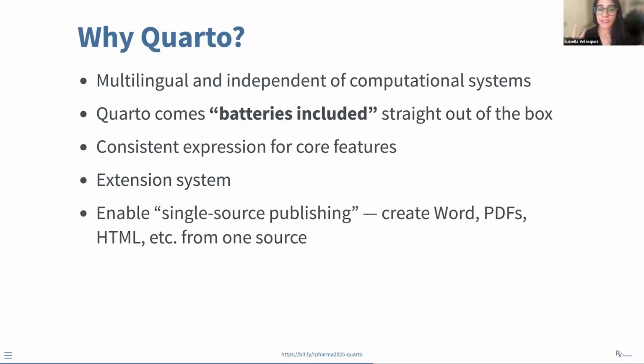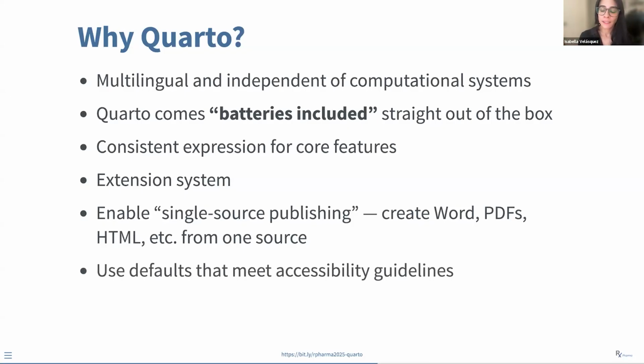I mentioned earlier the idea of single source publishing, so from one QMD document, you can create HTML, PDF, and so on. And the Quarto team at Posit works really hard to meet accessibility guidelines when developing Quarto, and I feel like you can really see it when you start creating documents that hopefully meet these accessibility guidelines as well.